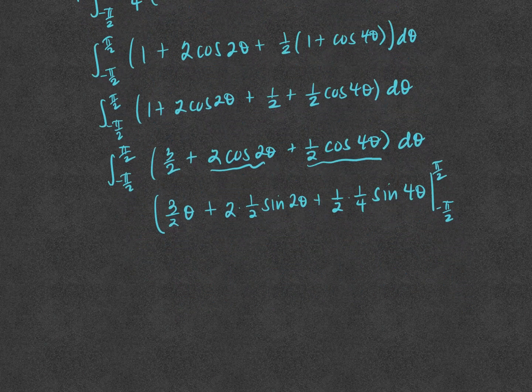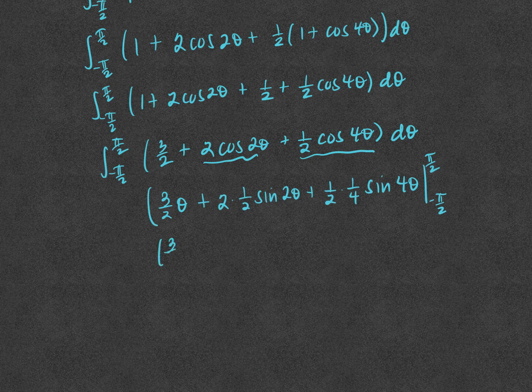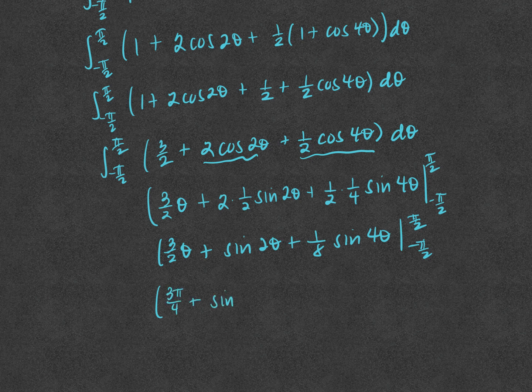I'm going to simplify these. See, I did need the parentheses. 3/2 theta plus sine 2 theta plus 1/8 sine 4 theta from negative pi over 2 to positive pi over 2. So let's plug these in. We get 3 over 2 times pi over 2 becomes 3 pi over 4, plus sine of 2 times pi over 2 becomes pi, plus 1/8 sine of 4 times pi over 2 becomes 2 pi.